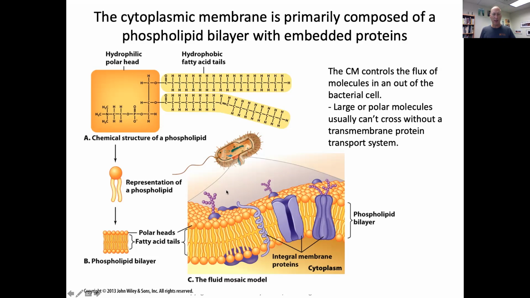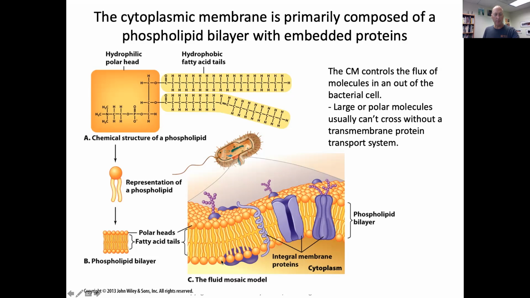And of course, in a biological membrane, we create a hydrophobic interior as the fatty acid tails face each other for each layer of the bilayer, and then on the outside facing the aqueous environment outside of the cell, and inside of the cell facing the cytoplasm, are the polar head groups.